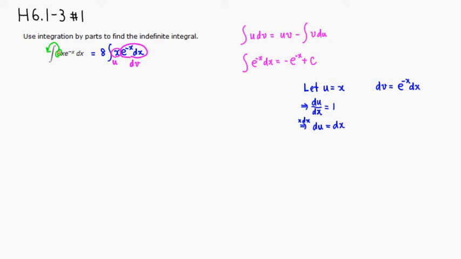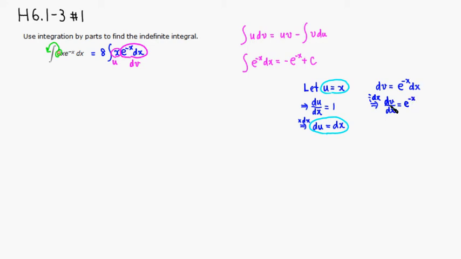Remember that when we do integration by parts, we need u, we need the du, which is right here, and we also need v. We can get v from here by dividing through by dx. We get dv over dx is equal to e to the negative x.